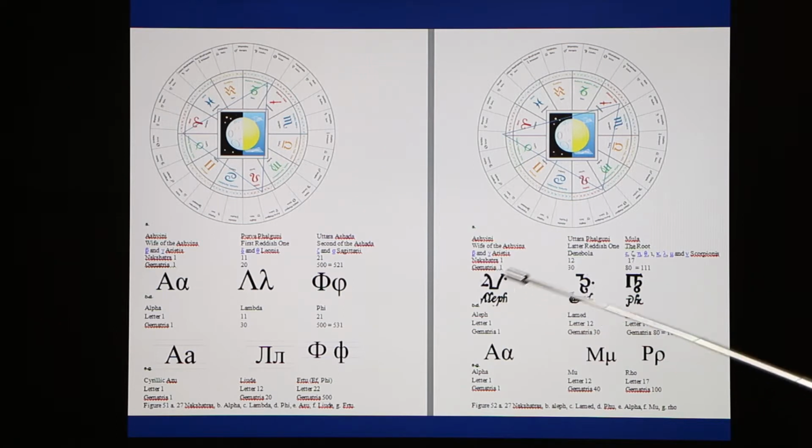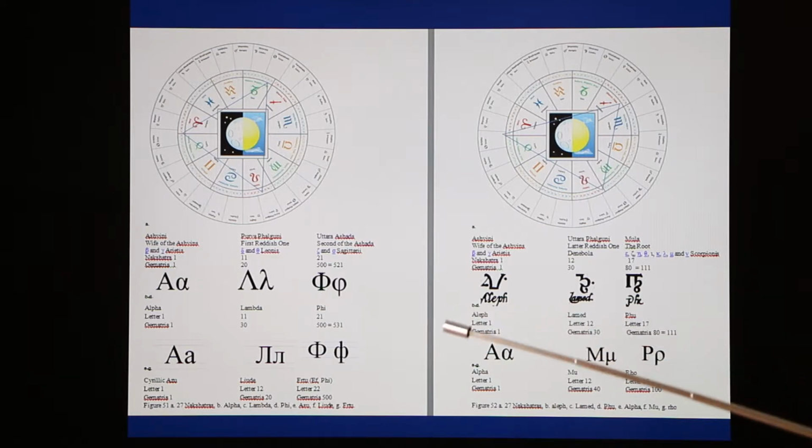I now link 1, 12, and 17, which gives me Ashvini, Uttara Falguni, and Mula. And I get Aleph, Lamed, Fu, or Fe. And remember Aleph, Fu?